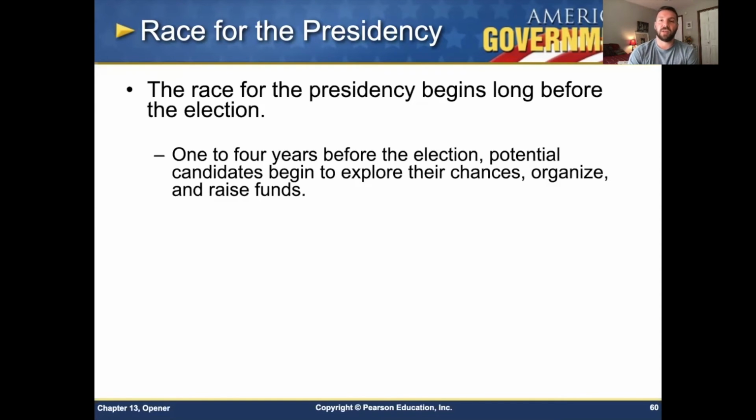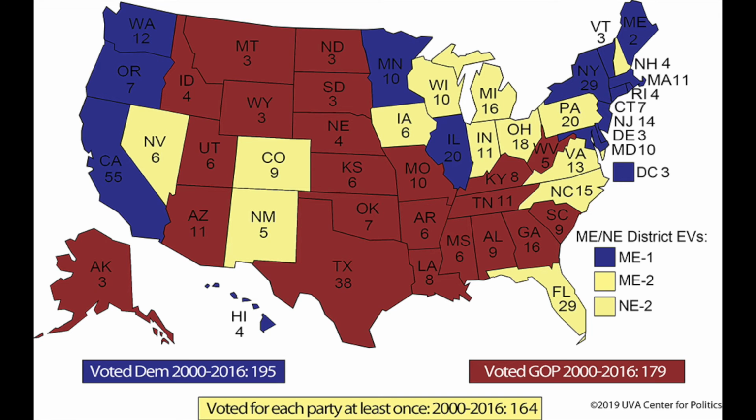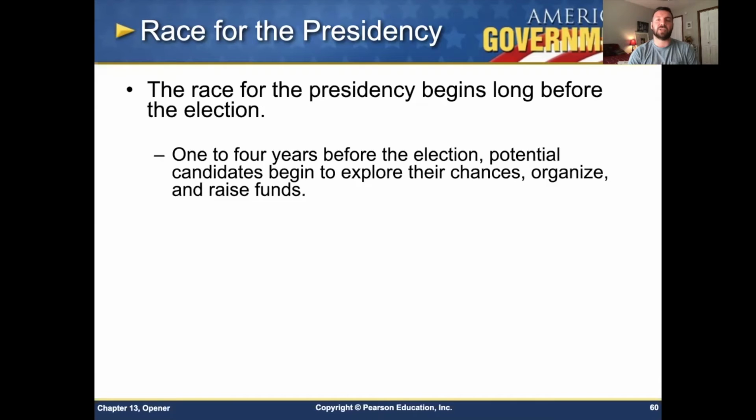Between 1 and 4 years before the election, potential candidates begin to explore their options, explore their chances, getting together exploratory committees, which is often code for I am running for president. They get organized, they raise money, they start building up ground support, which is basically boots on the ground in different states, especially the swing states that are going to be very important in the election.